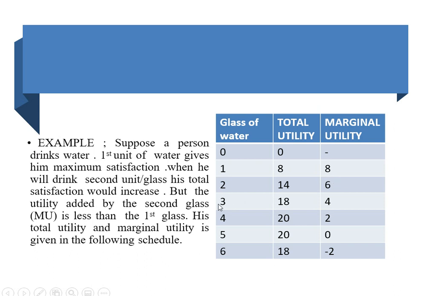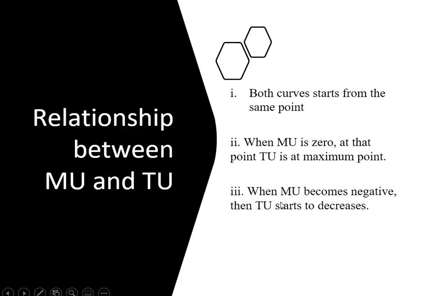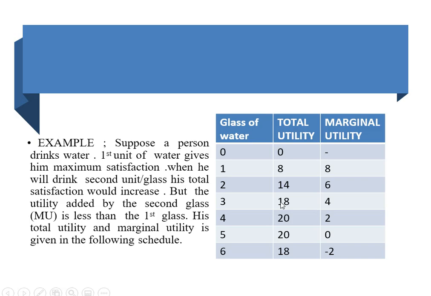So when he uses the third glass, the total utility will become 18, but he already has 14 utils. So what is the benefit of using the third glass? That is 4. How can we say this? We are saying this because 18 minus 14 equals 4, and similarly it goes on up to this point.